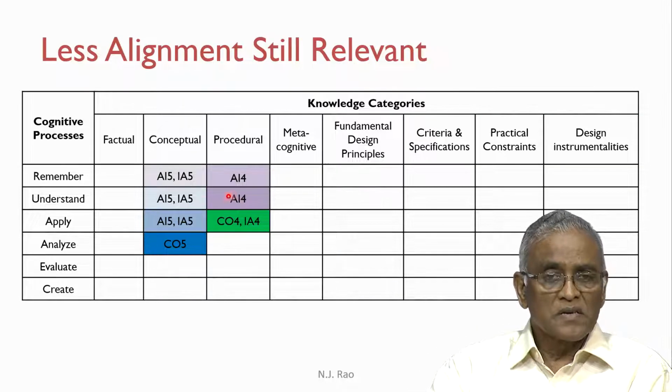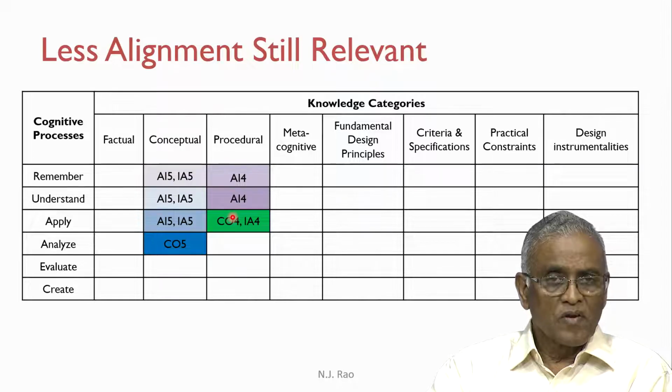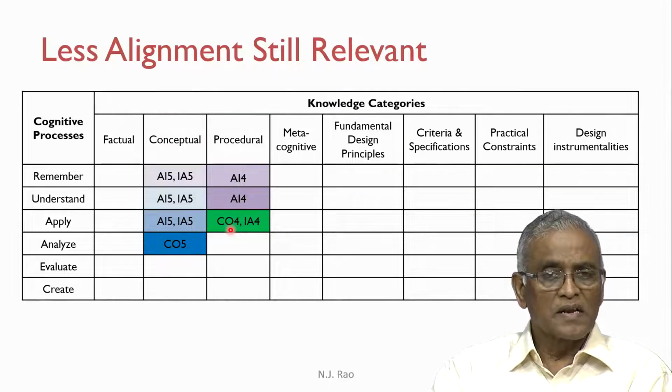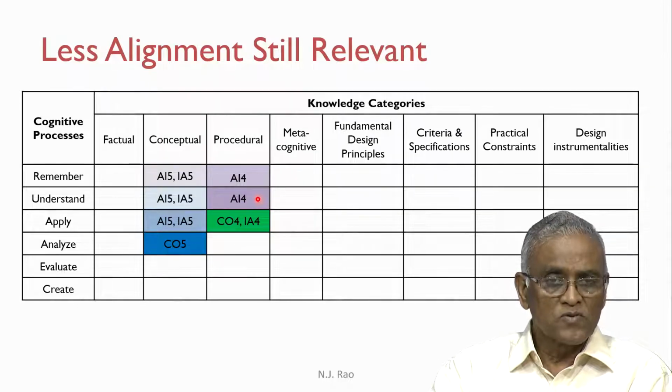My assignments or test items are not in the apply category, but they are in the understand and remember categories. While these are related to CO4, that means the items that I am asking are relevant to CO4, they are not in alignment with it. So the alignment of these two is a lot less than if they were here.